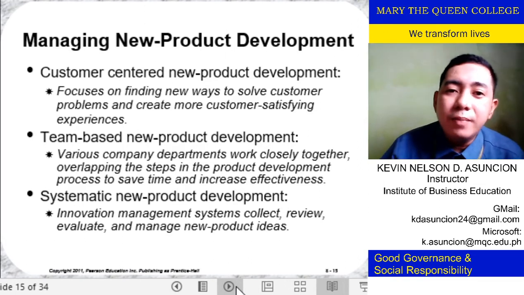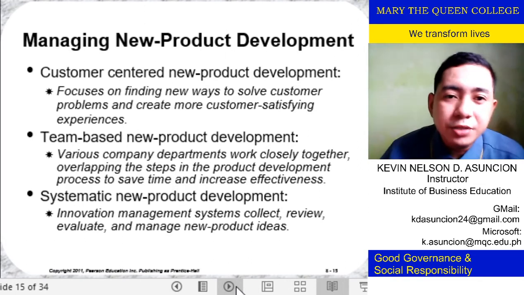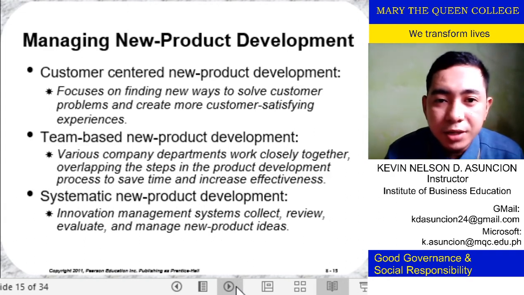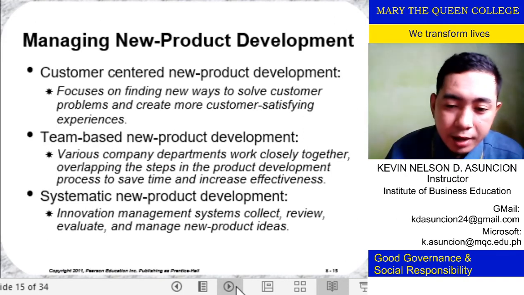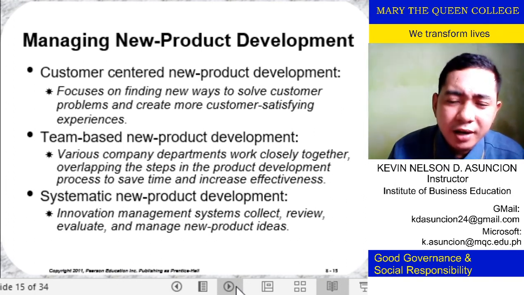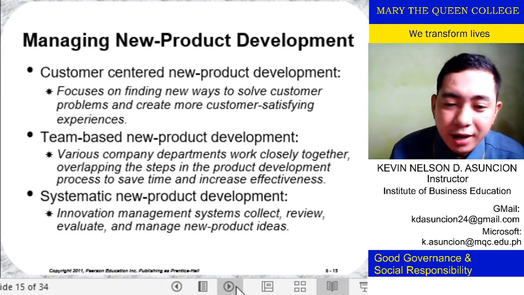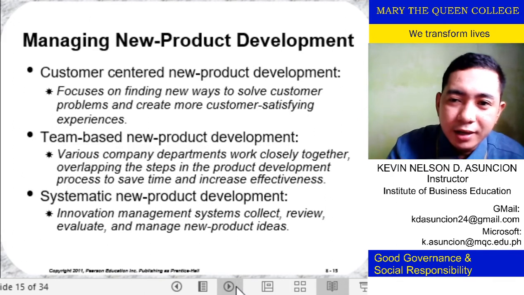Okay? So, managing new product development is what we call customer-centered new product development, wherein you focus on finding ways to solve customer problems and create more satisfying experiences. That's why many companies now are developing products out of market insights. If you understand this, that's why they are developing updated products, like our applications.